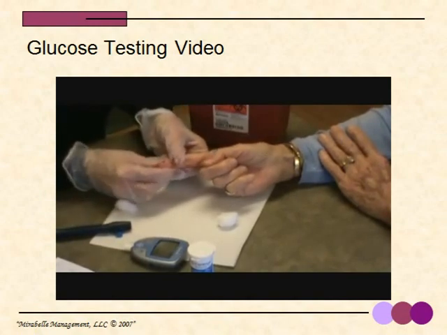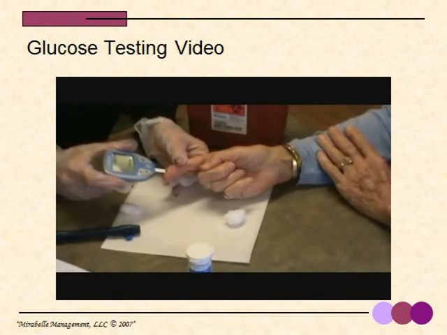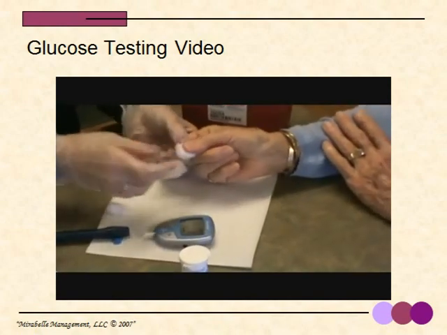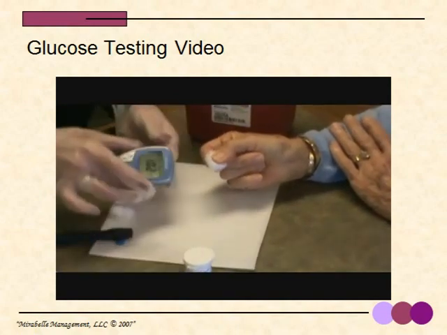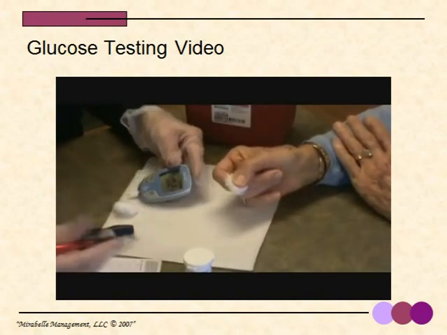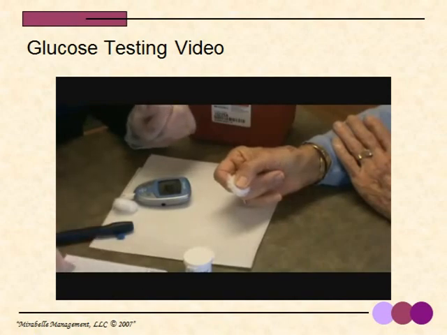Squeeze gently and draw a drop of blood onto the test strip. Have the client apply pressure to the puncture site with a dry cotton ball or tissue. Read the results and document. Eject lancet from penlet.